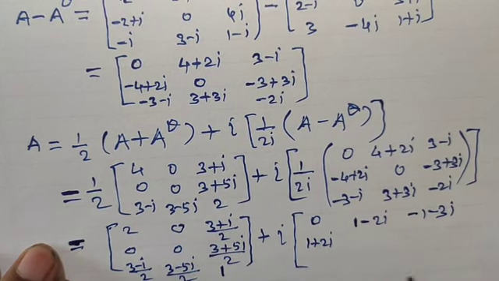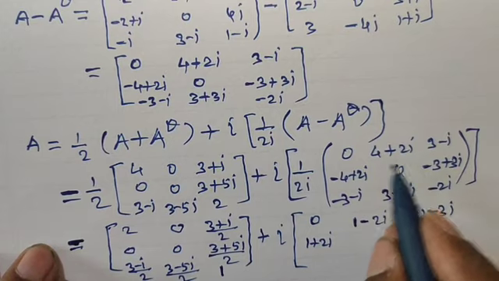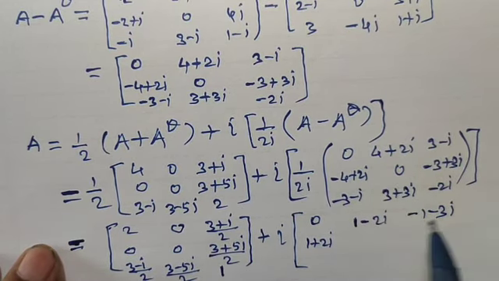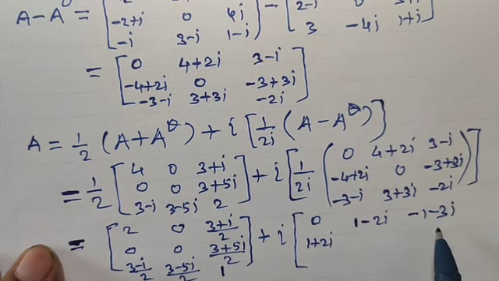You can check this because we are dividing each element by 2i. This 4 divided by 2i, 2 upon i, that is minus 2i. 2i divided by 2i, 1. 3 minus i divided by 2i. Okay, you will get minus 1 minus 3i.